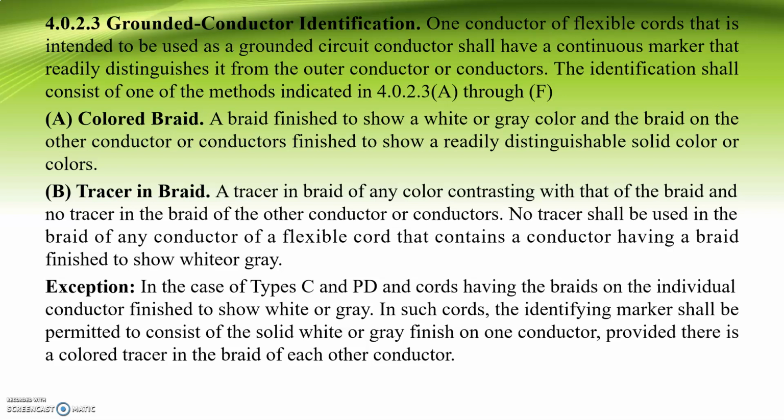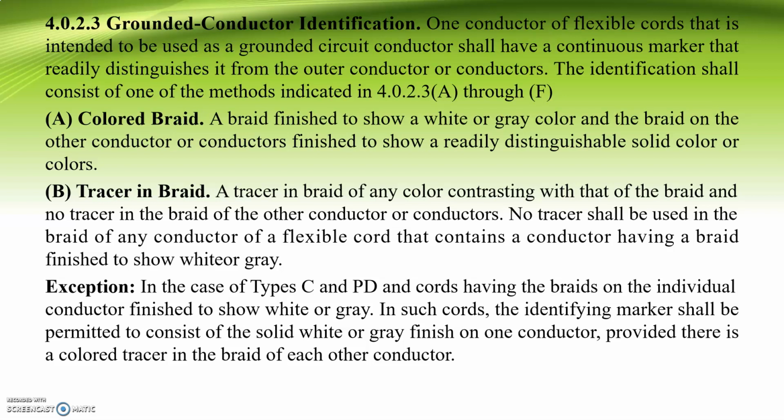B, tracer in braid. A tracer in the braid of any color contrasting with that of the braid, and no tracer in the braid of the other conductor or conductors. No tracer shall be used in the braid of any conductor of a flexible cord that contains a conductor having a braid finished to show white or gray.